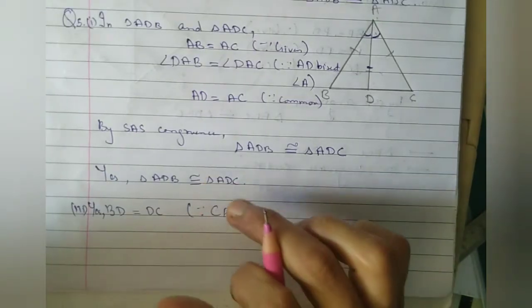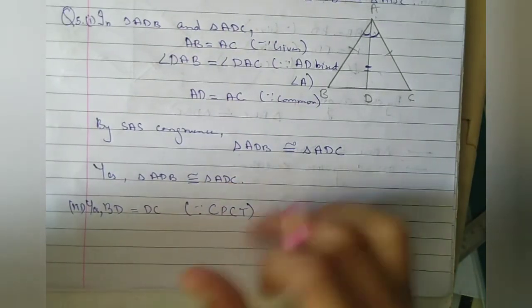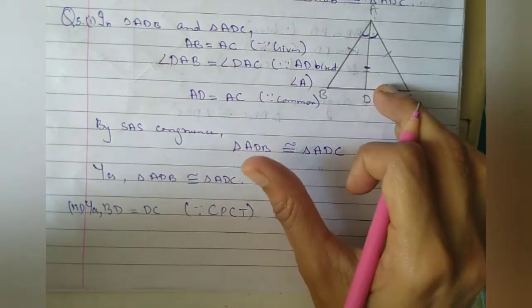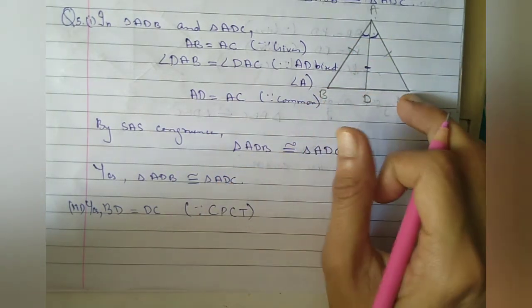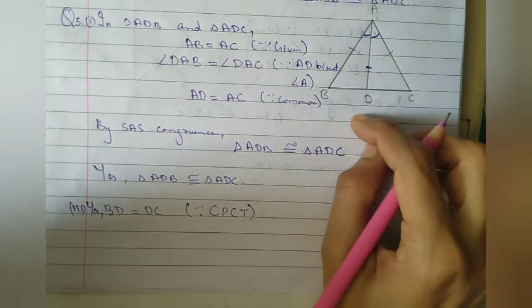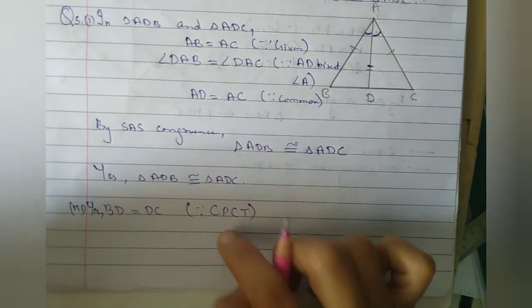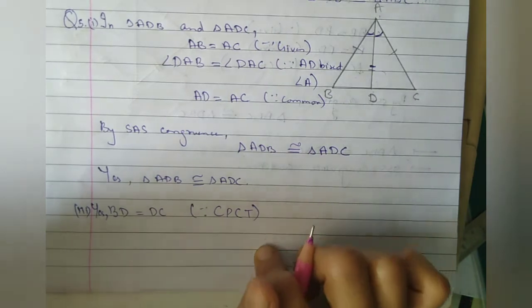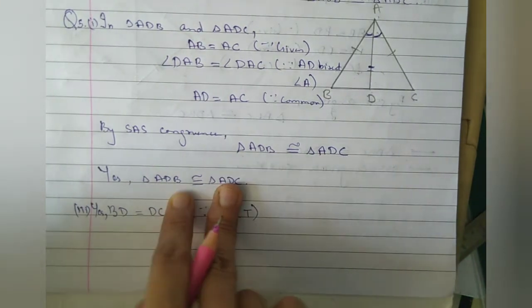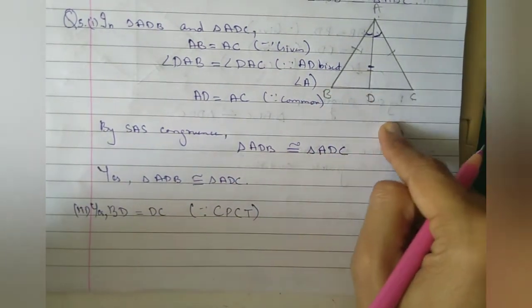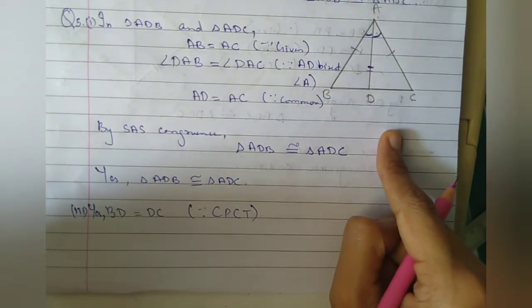If your triangles are congruent, then you can say all angles and all sides are equal to each other. Therefore corresponding parts of congruent triangles. Okay, if your triangles are congruent, then we can say that all the sides and angles of the two triangles are the same.